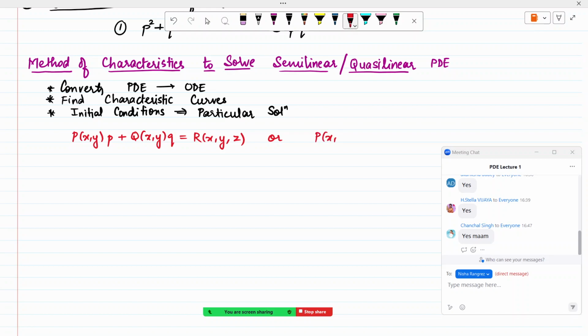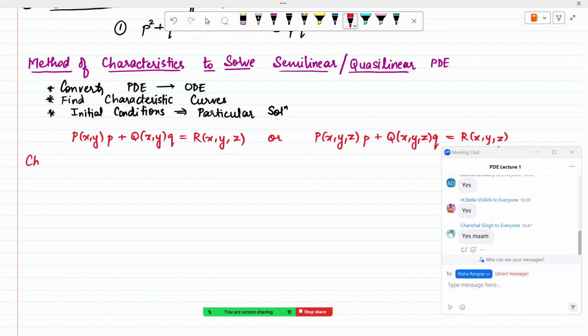Or I can have a function of x, y, z together multiplied with p, a function of x, y, z multiplied with q, and equal to a function of x, y, z. This is quasi-linear. So either you have a semilinear or you have a quasi-linear.